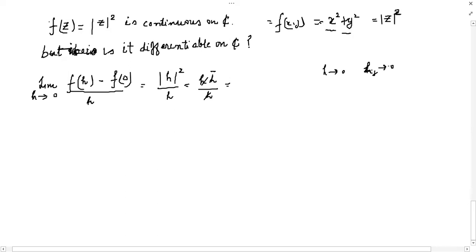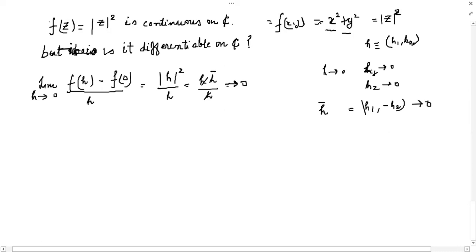h1 tends to 0 and your h2 also tends to 0. If I'm saying h is nothing but an ordered pair h1 and h2, then both tend to 0. So similarly, if I'm talking of h bar, what is it? It is equal to h1 comma minus h2. So this will also tend to 0 only, because h1 tends to 0 and h2 tends to 0 implies h bar also tends to 0.